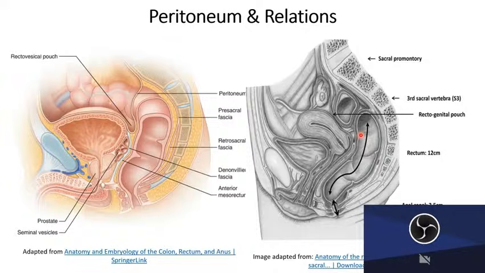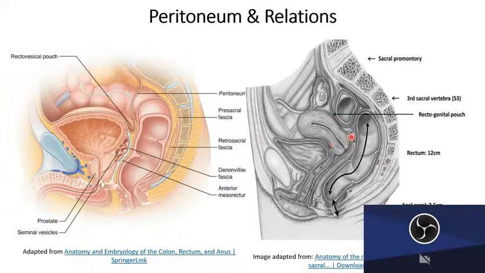So you can clearly see how the peritoneum takes a forward turn to run on the surface of the uterus, and then again takes a forward turn to run on the bladder. So you have two recesses, or pouches.